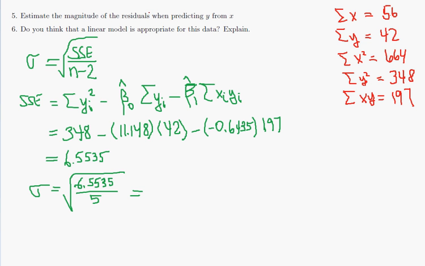And so doing the arithmetic, the size of the residuals will be about 1.1449, or 1.15.